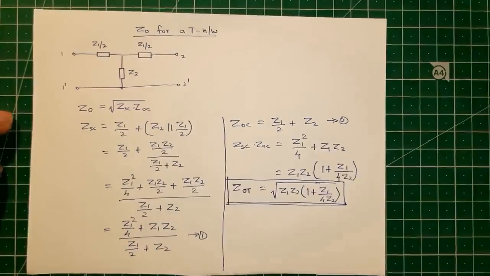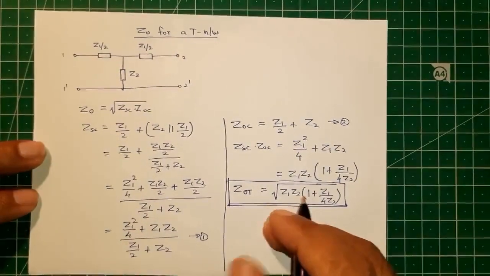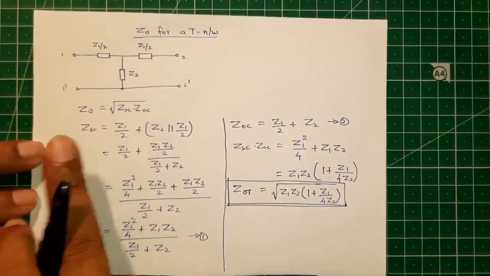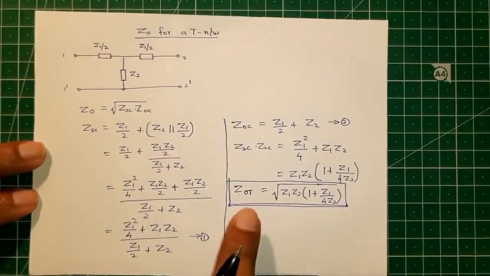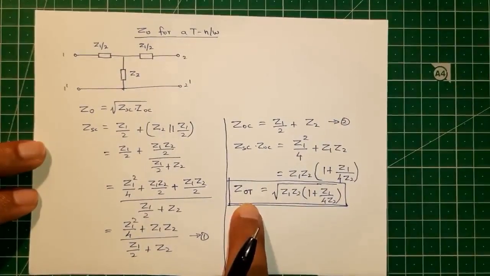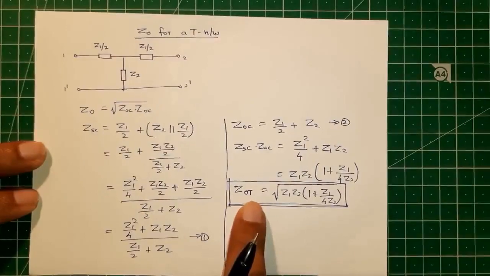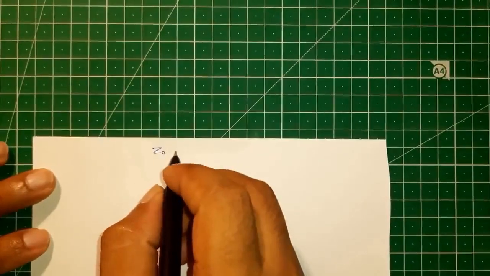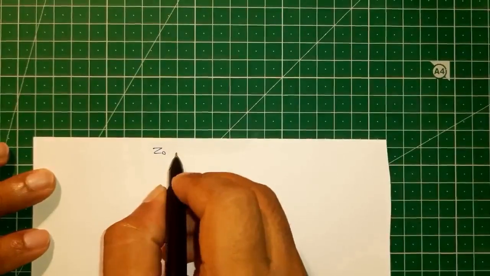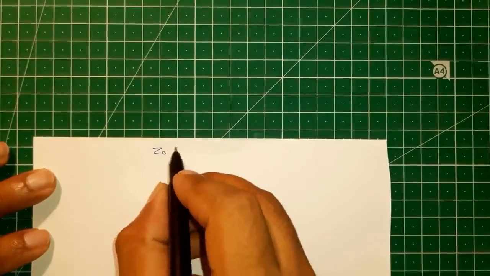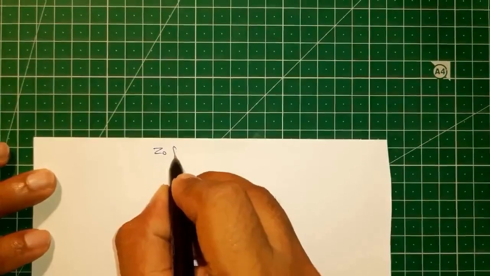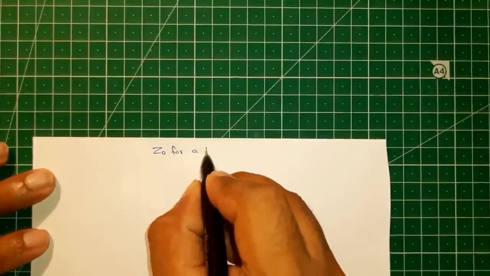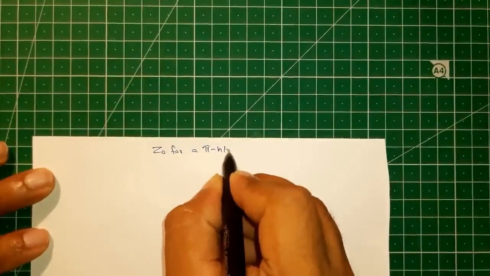Now we will see the case of a typical pi network, a general pi network, and try to find out the characteristic impedance for a pi network, that is Z0 pi. So characteristic impedance Z0 for a pi network.